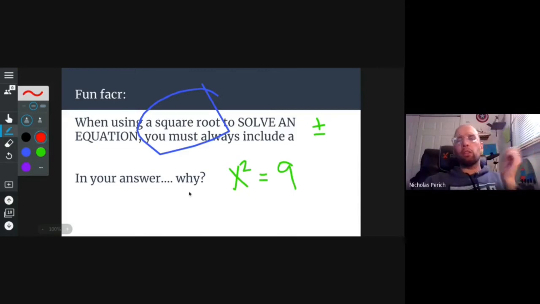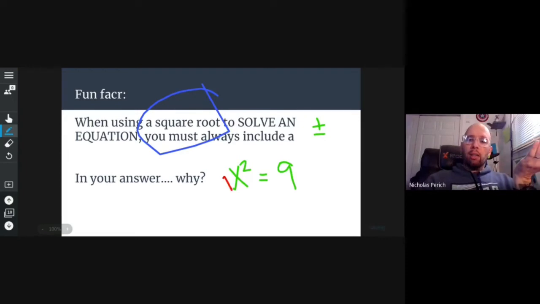So if someone said, solve that, I'm thinking, okay, well, is x all by itself? No. What's in the way? Squared. How do I undo a square? Square root both sides. And don't forget, when using a square root to solve an equation, you must always include the positive or negative symbol.